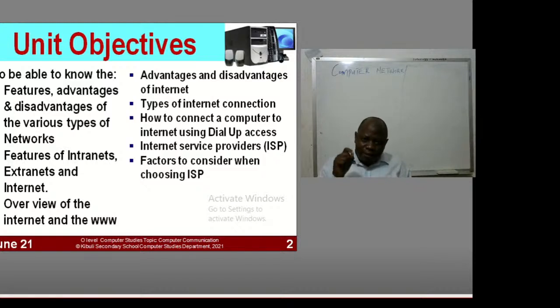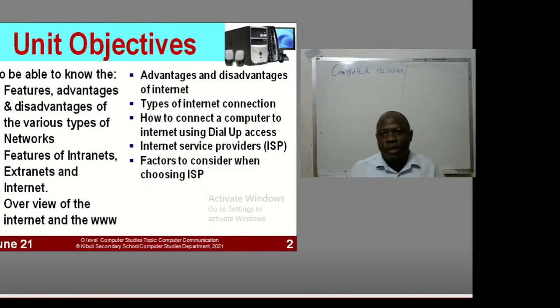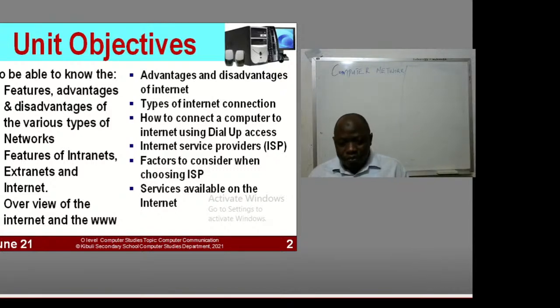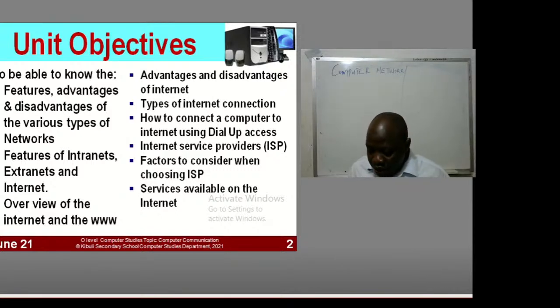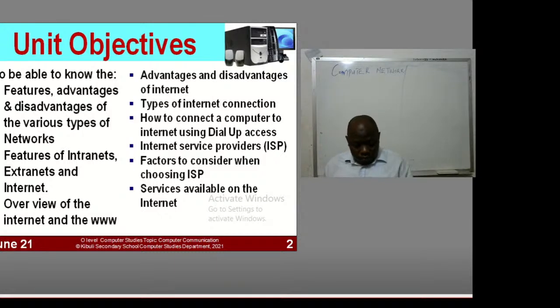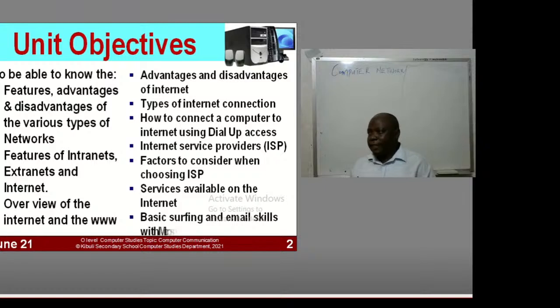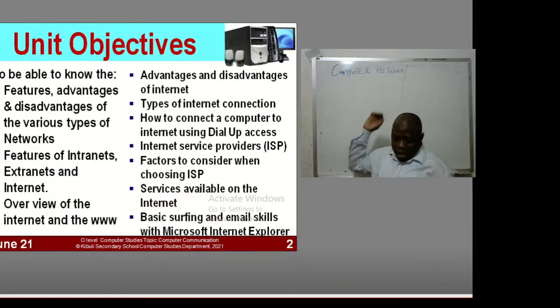Then we shall look at the factors considered when choosing an ISP, internet service provider. Then we shall look at the services available on the internet. So that is what we are going to go through. And we may not go through all, but let us start the topic, which is computer network.